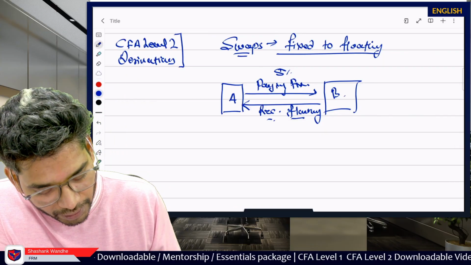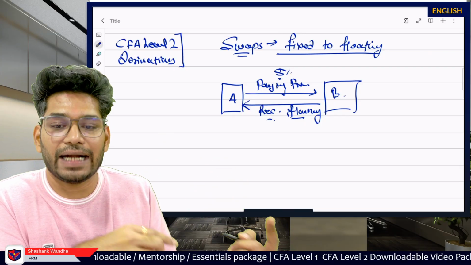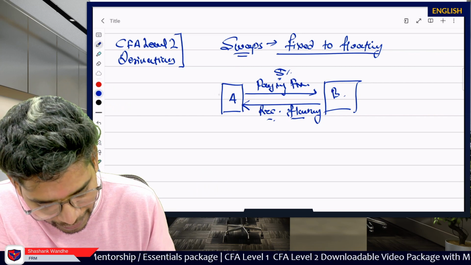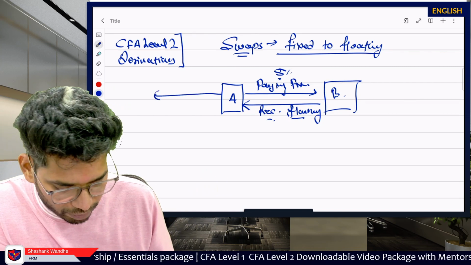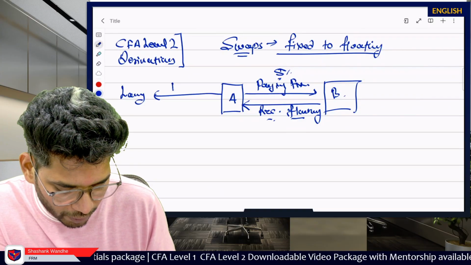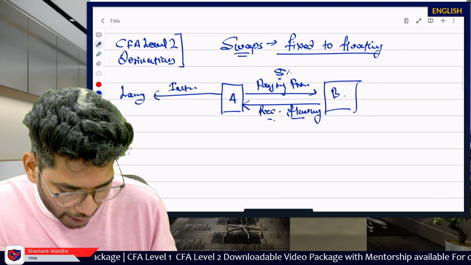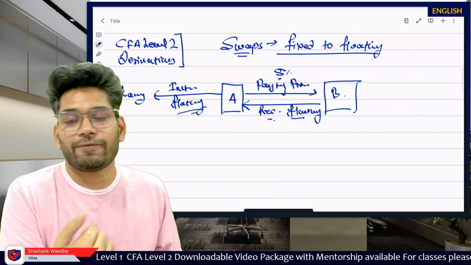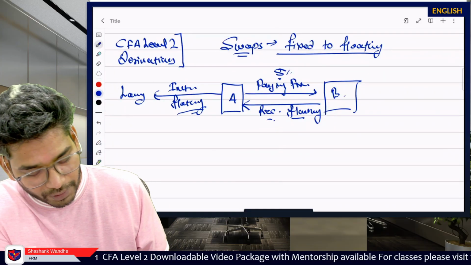So here this 5% payment and receiving the floating rate is for some purpose. This party might be in a situation where it is paying interest on a loan, and let's say this is a floating rate loan. So what happens here?